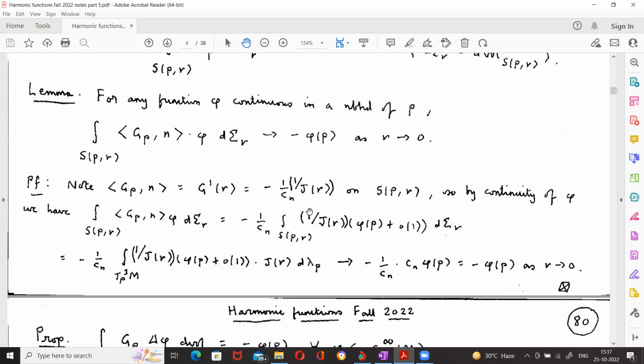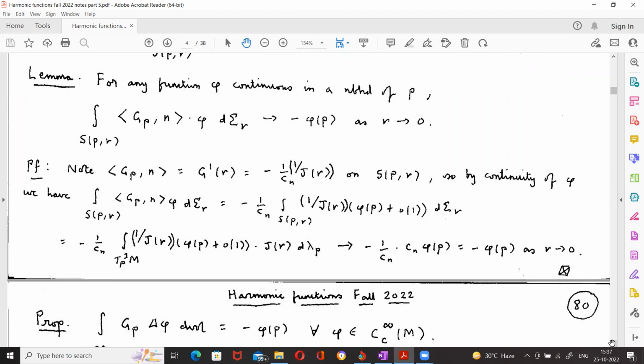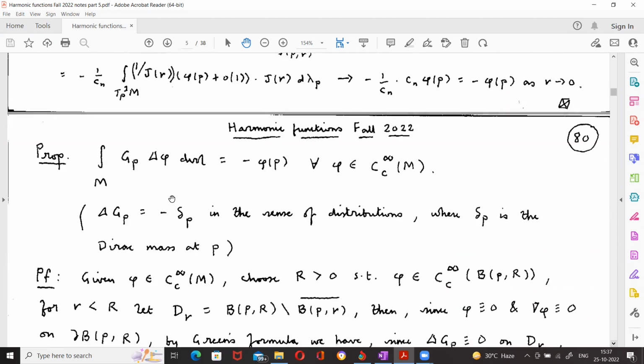Okay, so now using this, we can prove what I was saying earlier, that the distributional Laplacian of the Green's function is minus the Dirac mass at p. So this means that the integral of g_p times the Laplacian of any C-infinity function φ is equal to minus φ(p).